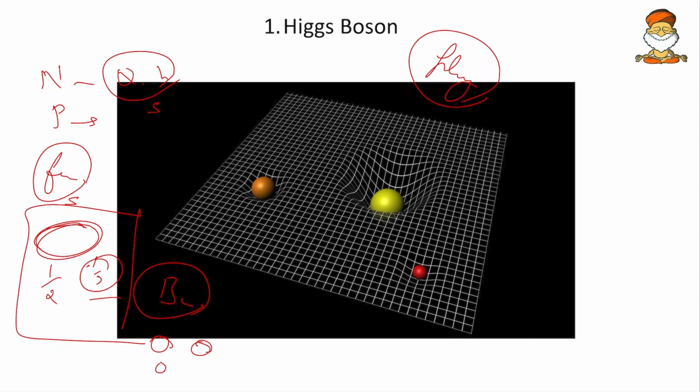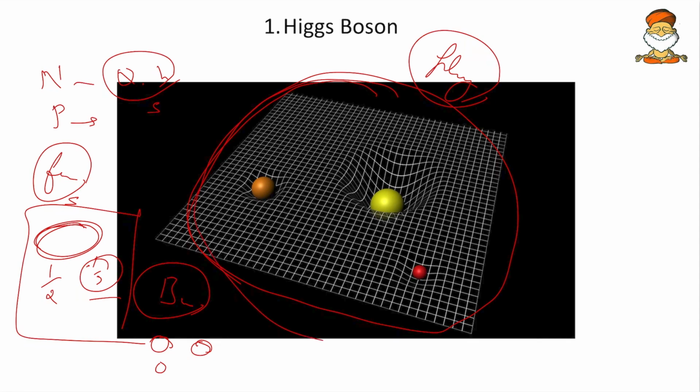For example, the electron is a fermion, it is a particle, but the Higgs boson is a boson and it carries force. And what kind of force does the Higgs boson carry? It carries the weight. Weight is also a kind of force, that is gravitation. The scientists say that the Higgs boson is present in the Higgs field. Say for example, this is a Higgs field. I have converted this 3-dimensional field into a 2-dimensional field. Within an atom, this is the field, might be the Higgs field, and whenever a subatomic particle is present, say a quark or a lepton, it will form some depression.